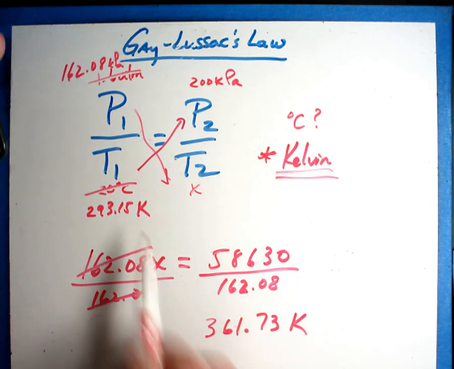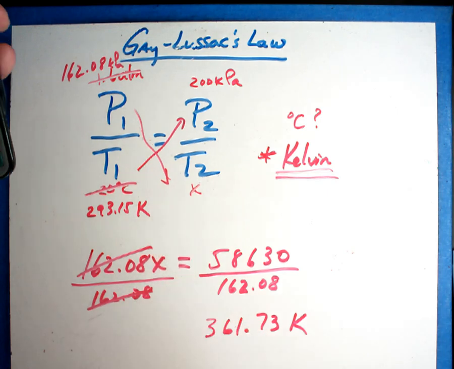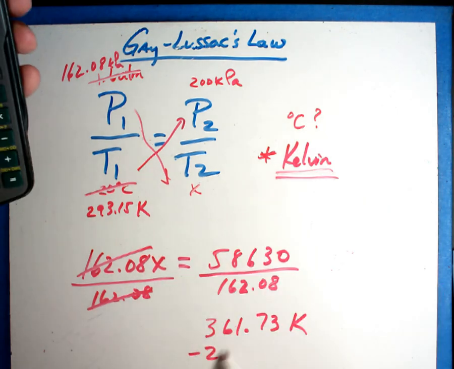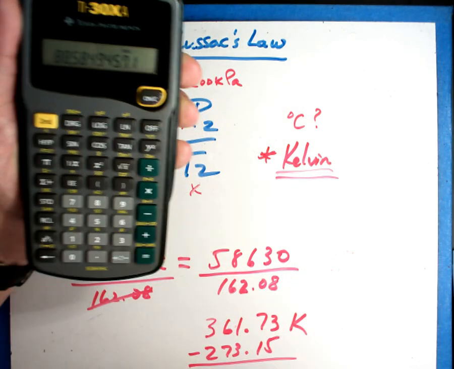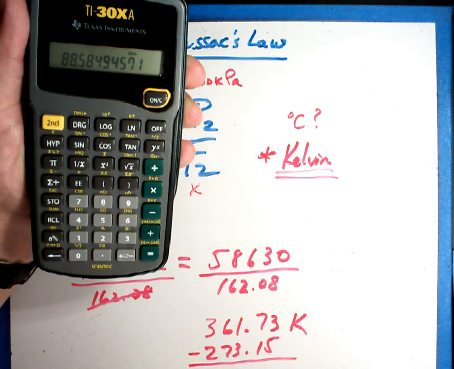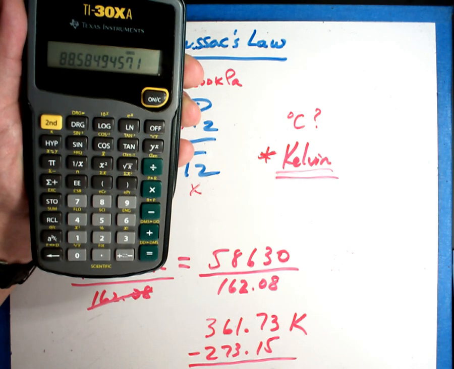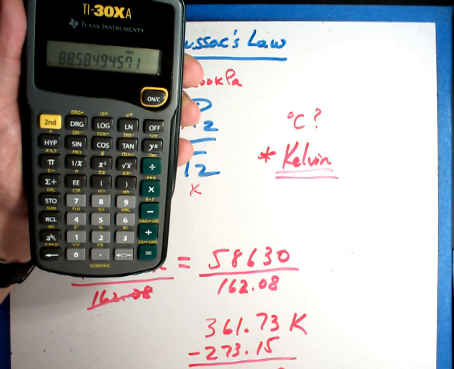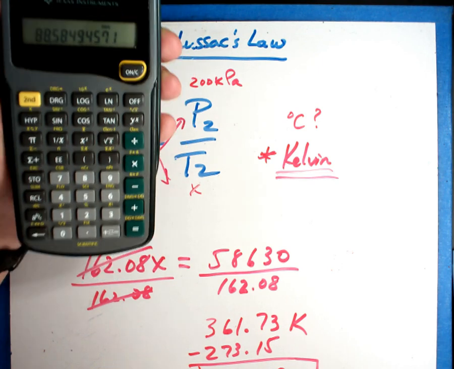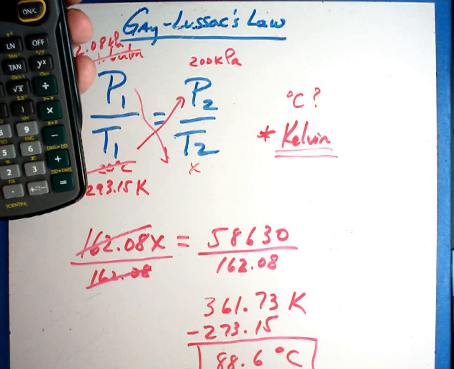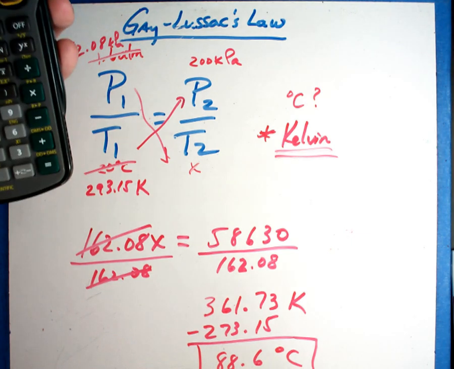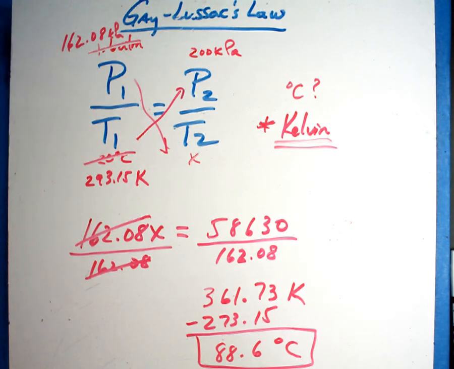How do I know Kelvin? It has to match. The question wants Celsius, so I'm going to subtract 273.15. When I subtract 273.15, I get 88.6, taking it to one decimal place, 88.6 degrees Celsius. And that's my answer. I'll move that up so everybody can see it. 88.6 degrees Celsius when I work the problem out.